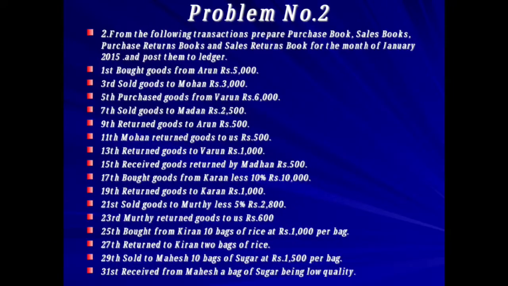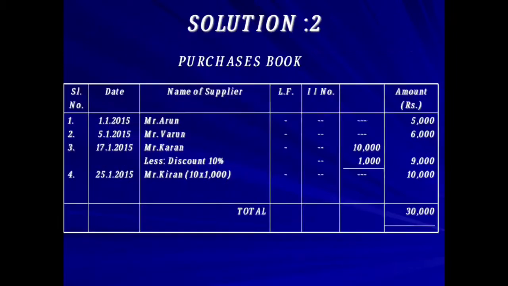Okay, next we have on 25th, bought from Kiran 10 bags of rice at rupees 1,000 per bag. Okay, we have purchased the goods from Kiran, and how much bags of rice we have purchased? 10 bags of rice. So 10 bags of rice at rupees 1,000 per bag. So 1,000 per bag means how much it cost. We will see last entry in our purchase book.